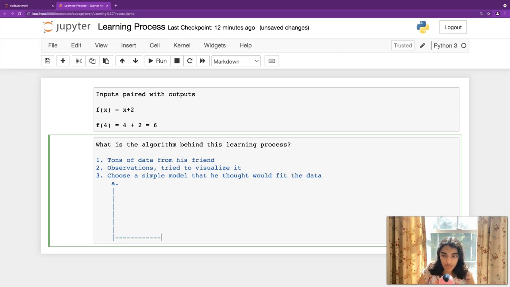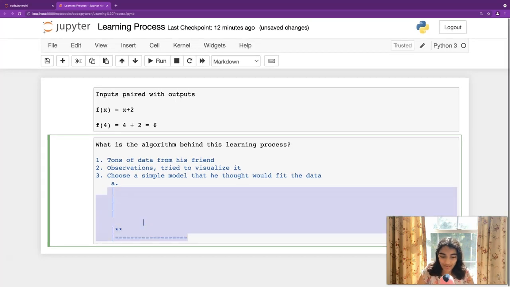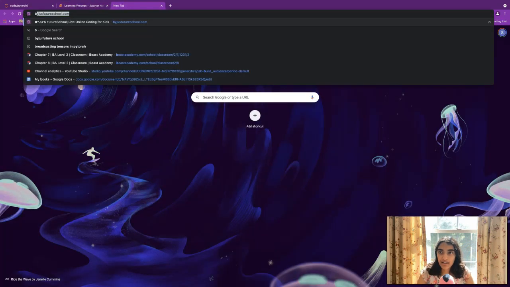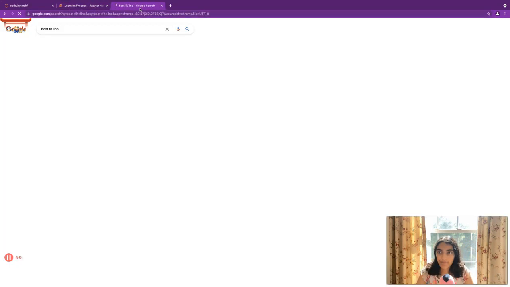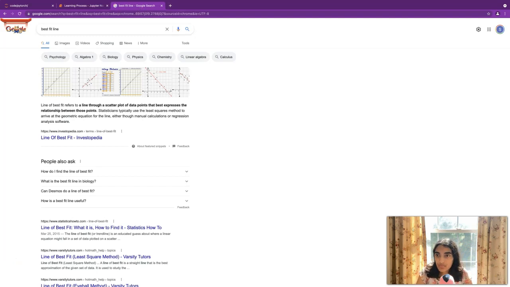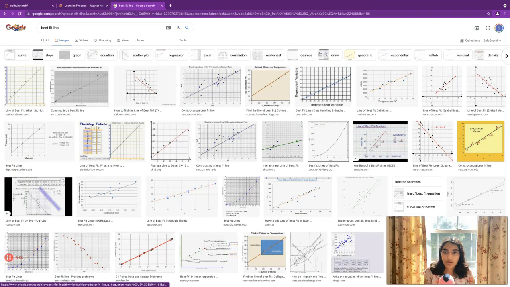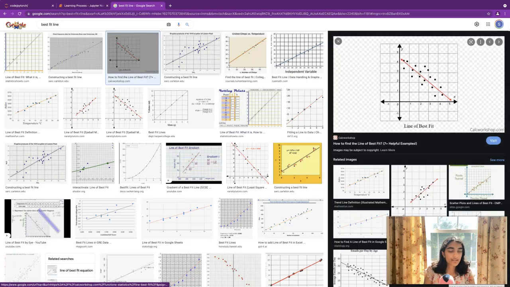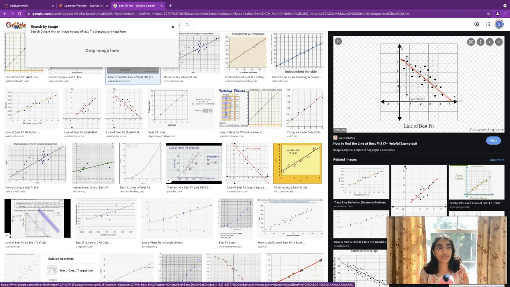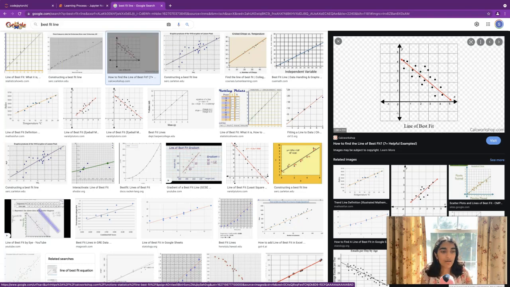Best fit line, right? We see some points, this fuzzy sort of thing, but then we draw a definitive line that tries to approximate that.